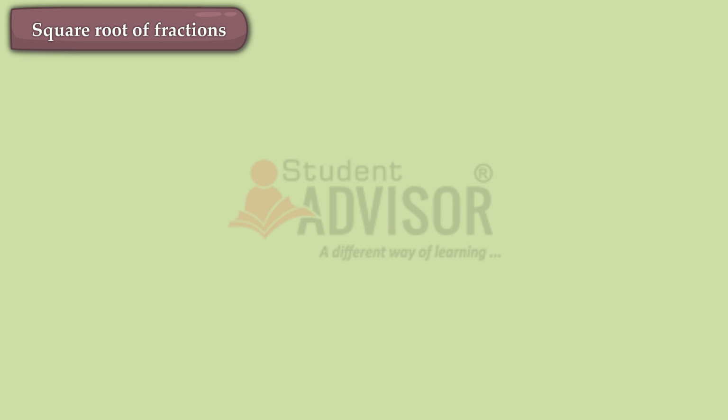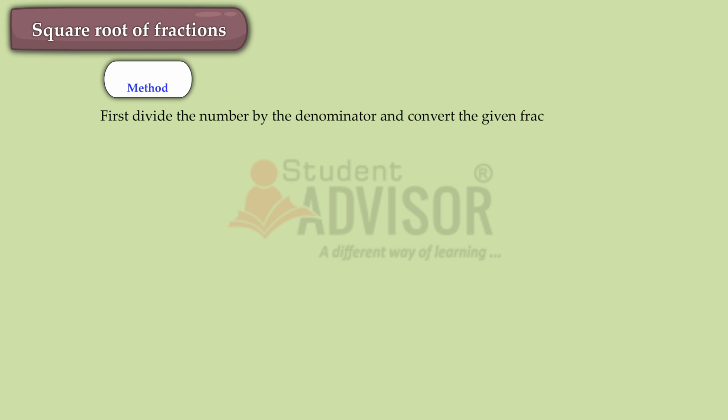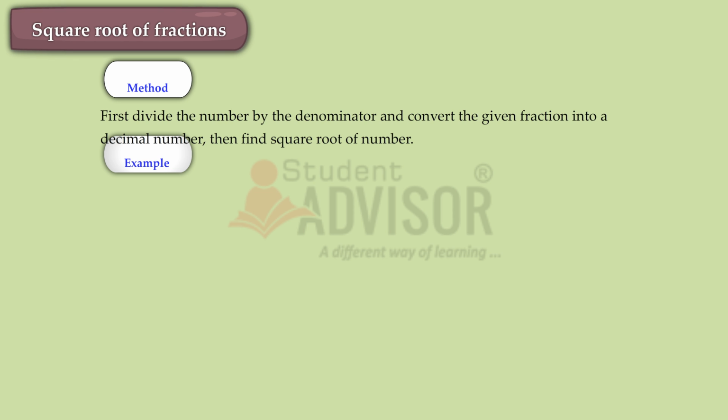Square root of fractions. Method. First, divide the number by the denominator and convert the given fraction into a decimal number, then find square root of number. Example: find the square root of 3 upon 7.